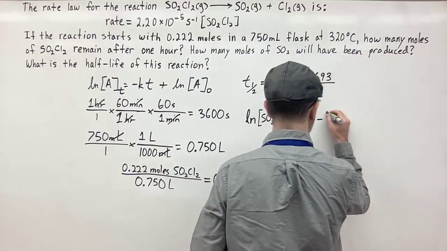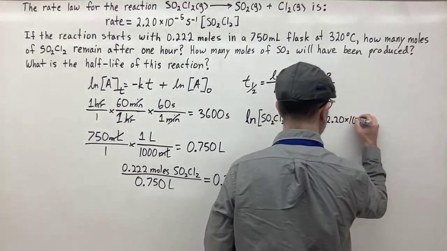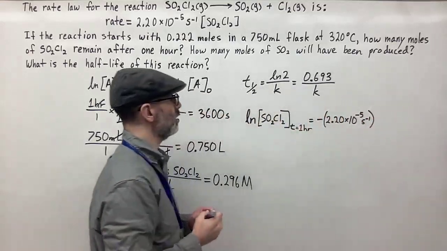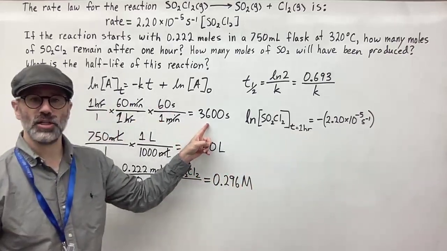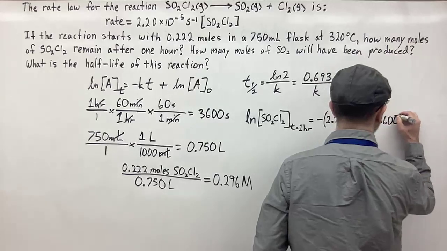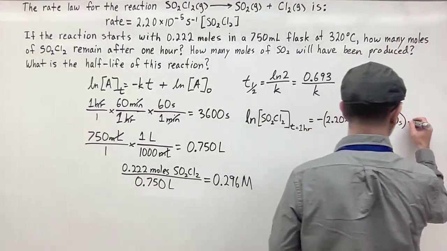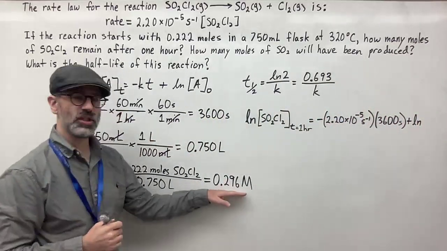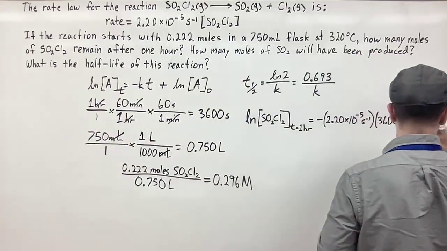So we'll plug that in. 2.20 times 10 to the negative 5 per seconds times t. Time is 1 hour. We calculated that into seconds. That's 3,600 seconds. And then finally plus the natural log of the initial concentration, which is 0.296 molar.